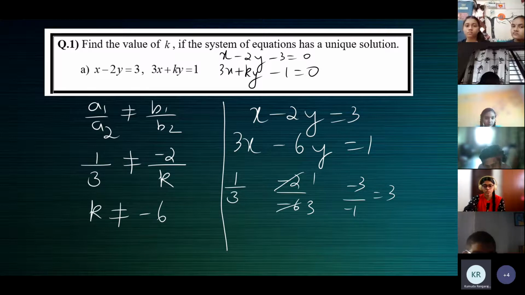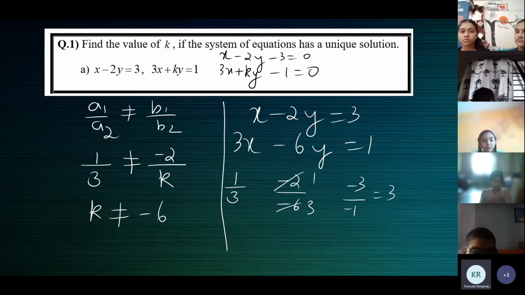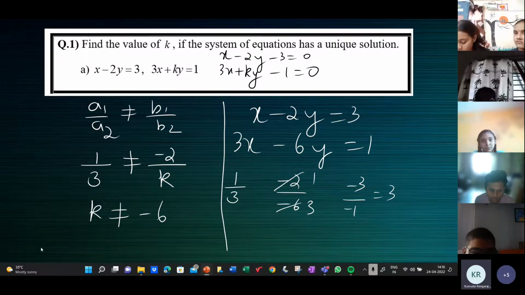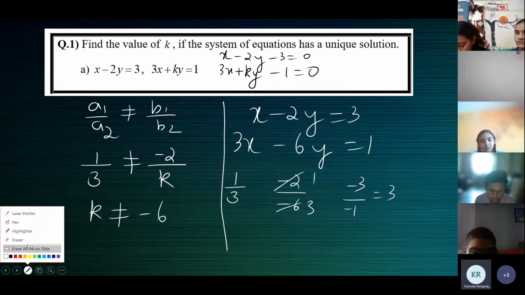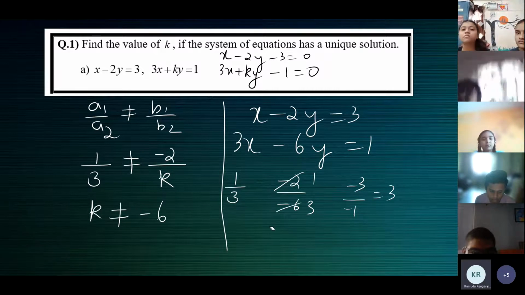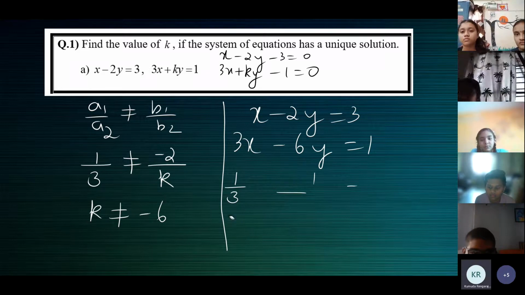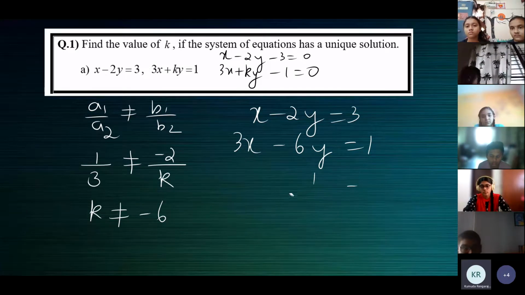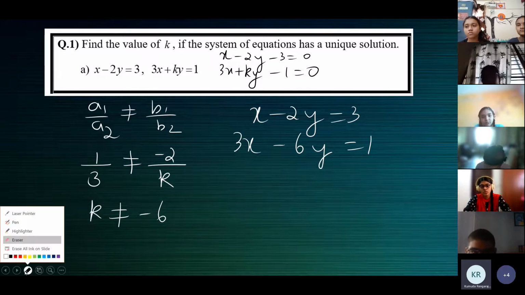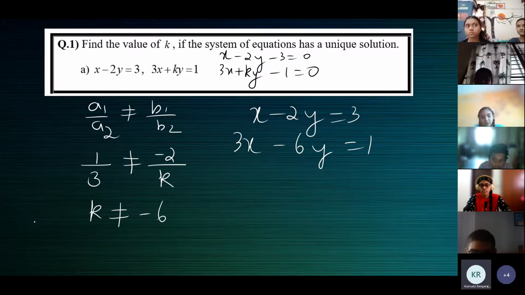That means for all other values of k other than minus 6, the given system of equations will have a unique solution. Let's check that. If k is minus 6, what did we see? No solution. But they want you to find the value of k for a unique solution. And what are you getting?